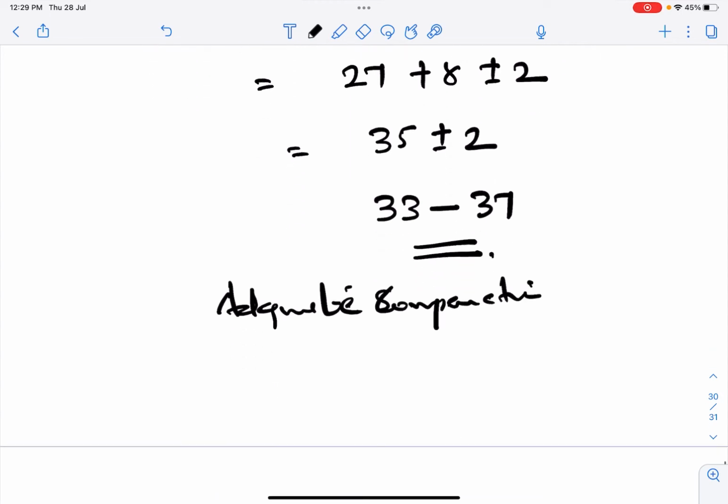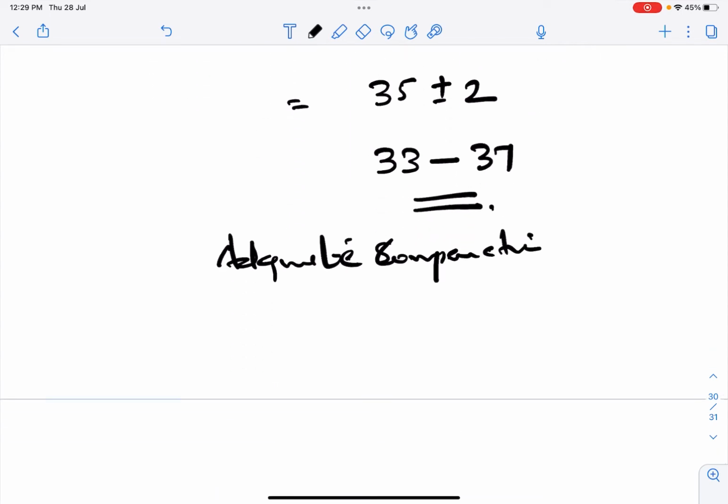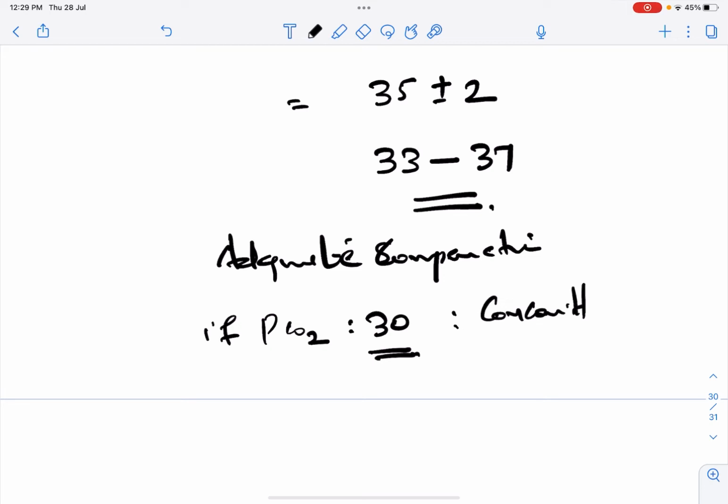What if the PCO2 of the patient is 30? If PCO2 is 30, don't call it undercompensated. Instead, it is a concomitant respiratory alkalosis. Don't use the term undercorrected metabolic acidosis. It is metabolic acidosis with concomitant respiratory alkalosis.